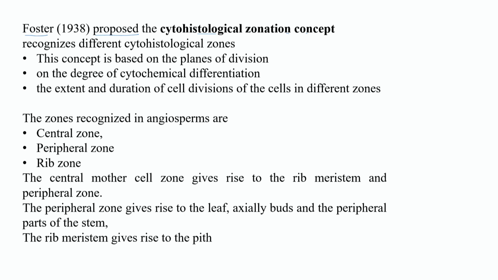Now this concept is not only based on plane of division but also on cytochemical differentiation, means how the cells differ with respect to each zone, not only on the basis of their plane of division but also on their cellular types and how they are dividing, their mitotic index, their extent of cell division, their growth rate, means their division rate.